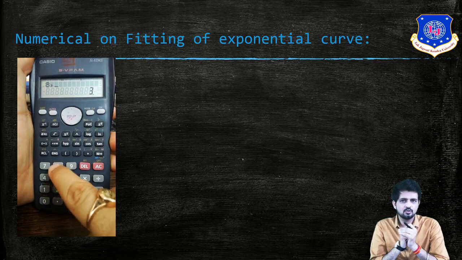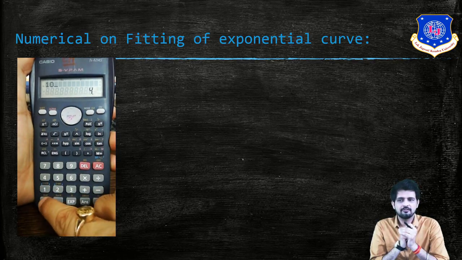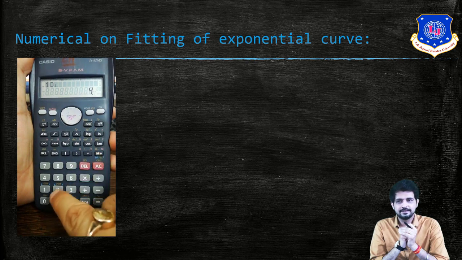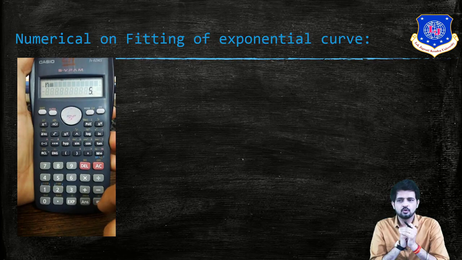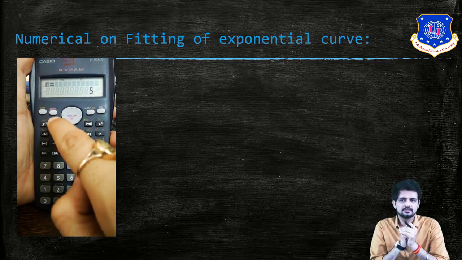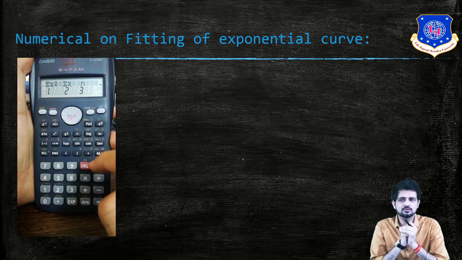Okay, then we have to enter the fourth value, 8, 81.897, this is our fourth value. Okay, then fifth value is 10, 222.62. So total 5 values we have entered. So our n is 5.